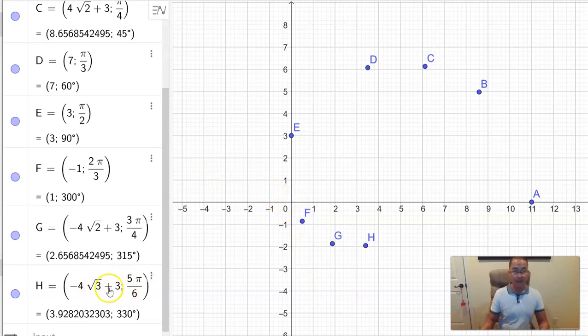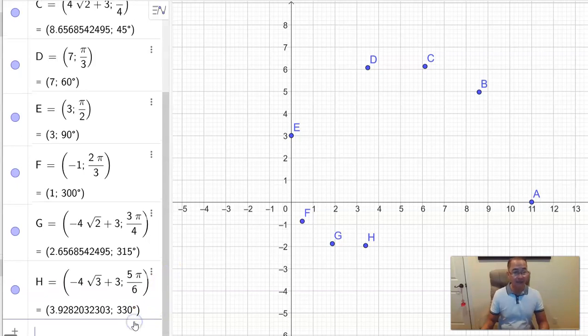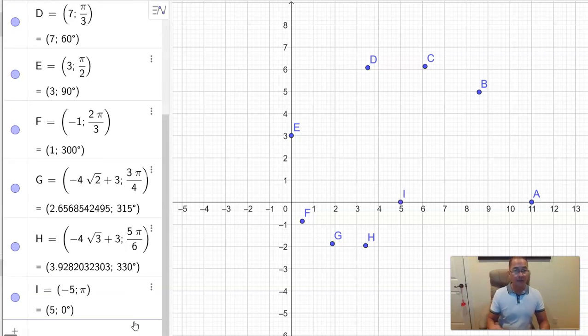This is still a negative number, so it's going to go this way, backwards. Okay, so next we have negative 5, pi. Negative 5, definitely a negative number. Okay, so we are here.